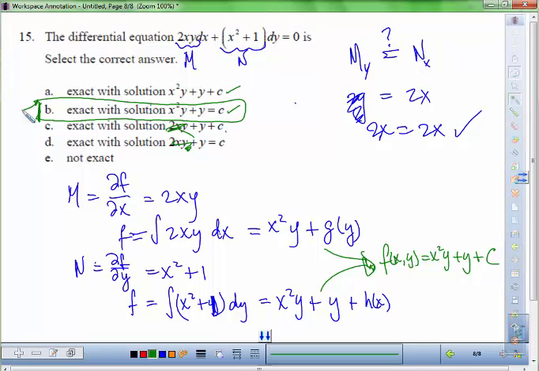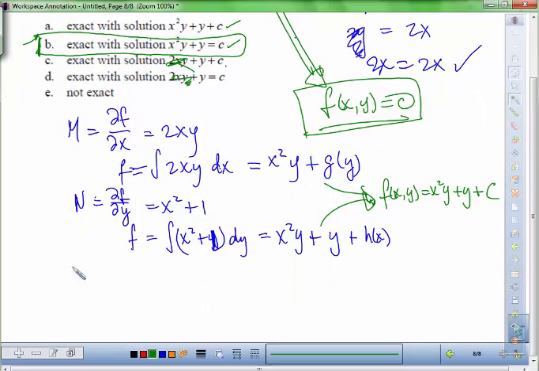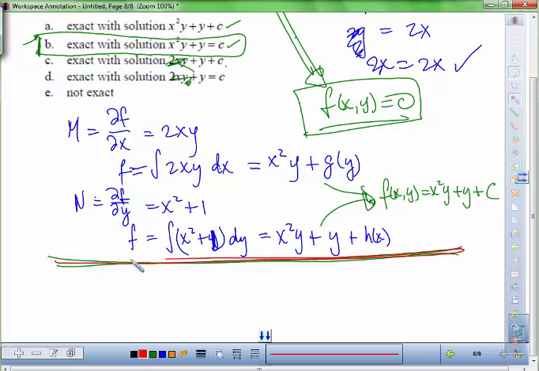Remember, for exact equations, that we're assuming that your solution comes from f of x, y equals 0. Let's try to remember that whole discussion with exact equations.